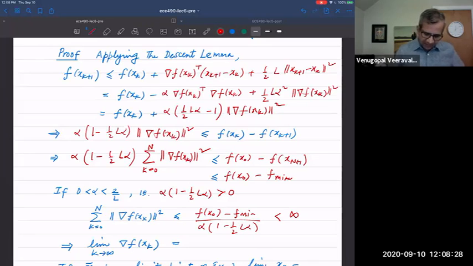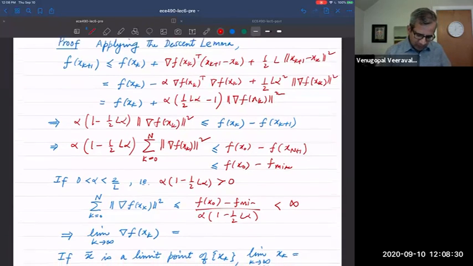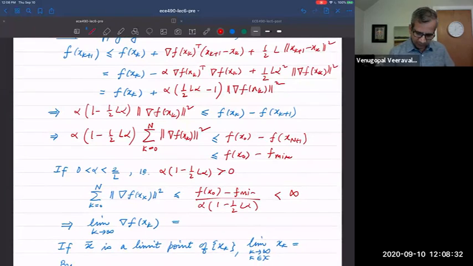So if this is finite for all n, then if I put k equals 0 to infinity here, it's also finite, right?